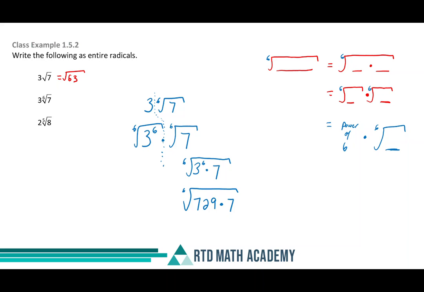Now I'm going to take 729 and multiply it by 7, and I get the 6th root of 5,103. So 3 multiplied by the 6th root of 7 is the same thing as the 6th root of 5,103.